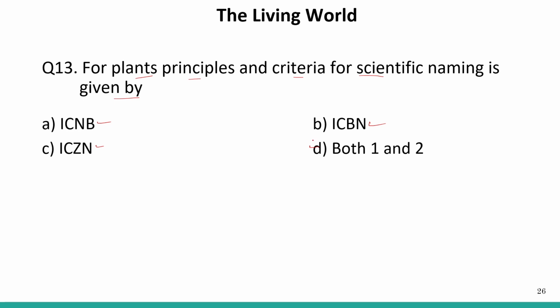Alright, so this is again a straightforward question. The answer should be ICBN, International Code for Botanical Nomenclature. Okay, ICZN is for animals. This is for plants.